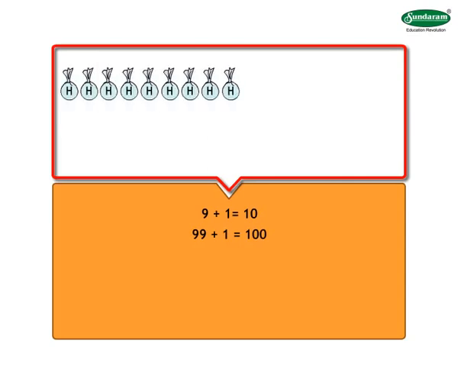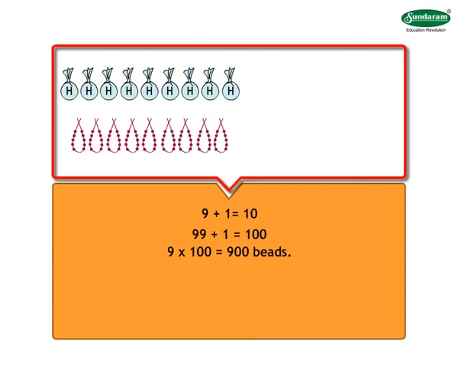Now look at this figure. There are 9 bags with 100 beads in each. That means 9 into 100, which is equal to 900 beads. In addition to it, there are 9 more rings with 10 beads each. That means 9 into 10, which is equal to 90 beads.